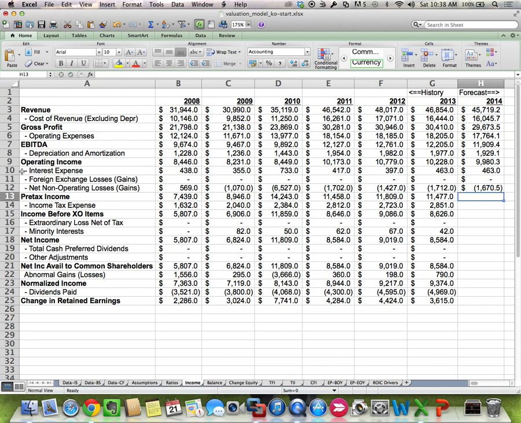Pre-tax income, I can see over here on the left, equals operating income minus the three items below. Minus interest, minus FX, minus non-operating losses and gains.